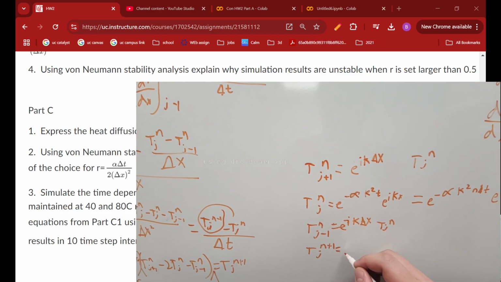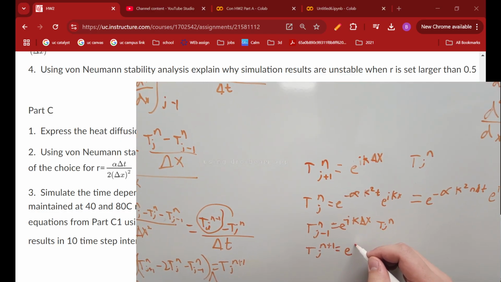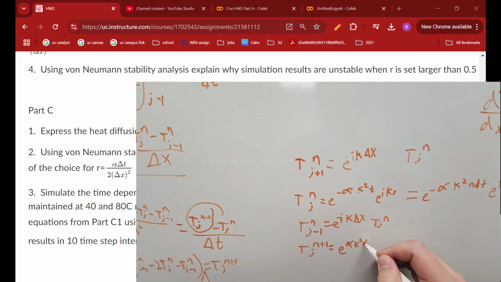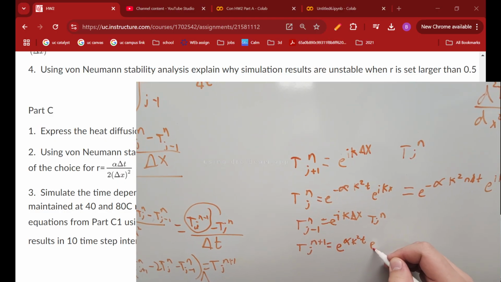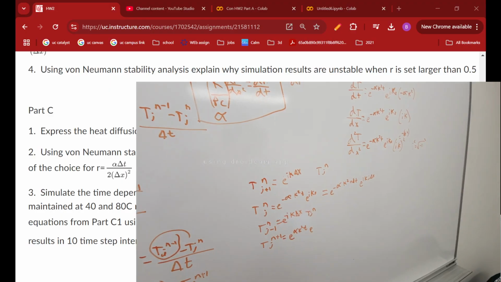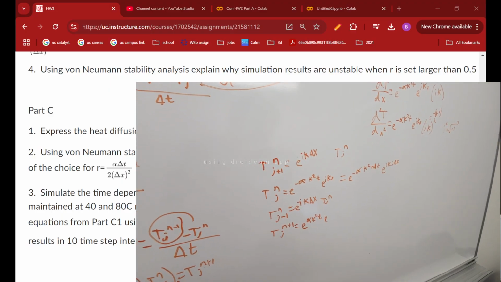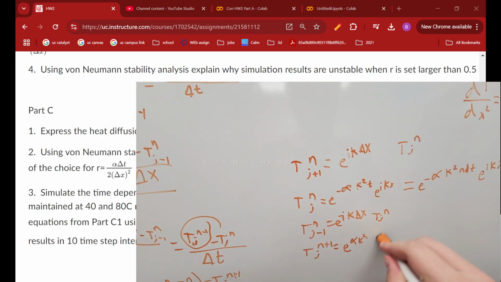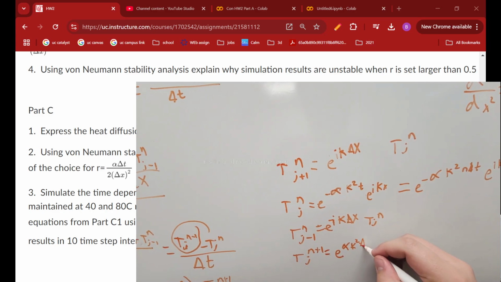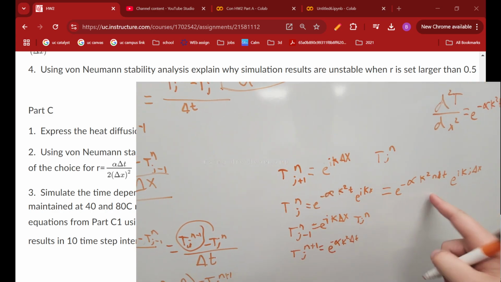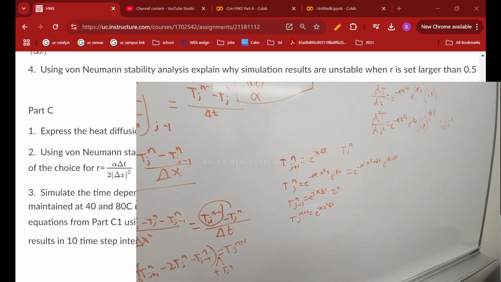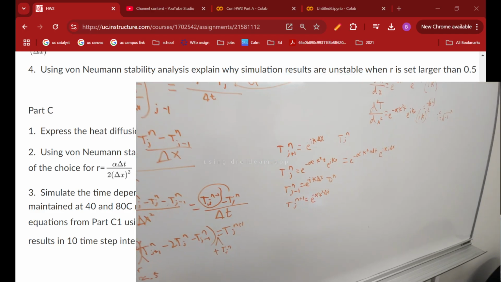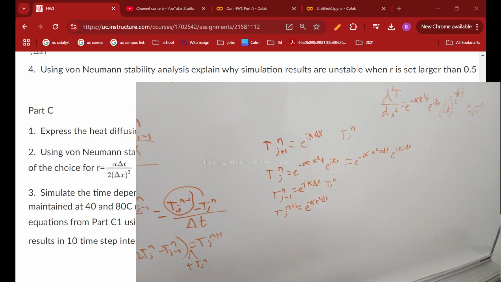Which this would be e. Okay, t. Alright, not t, but delta t. Here. And then the plus 1 from that is the plus 1.